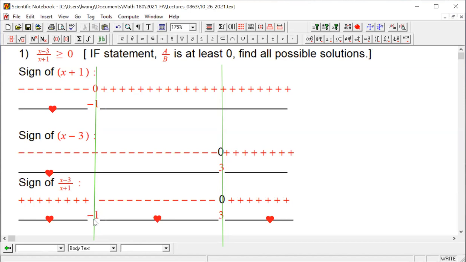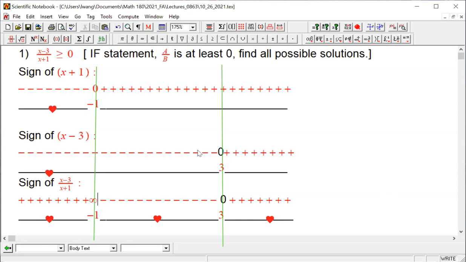But what if x is equal to -1? We get -1 minus 3 divided by 0. When we divide by 0, the quotient is undefined. So we put an infinity sign there, or you can put NA, whatever.